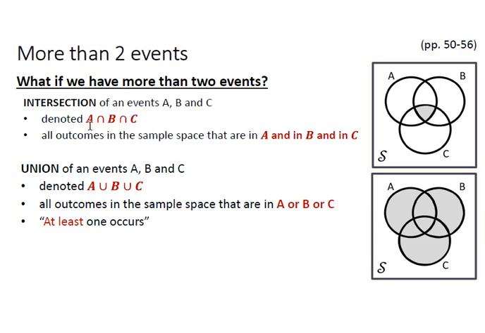For example, the intersection of A, B, and C, all outcomes in the sample space that are in A, B, and C. It means this area, all the outcomes that are in A and B and C, and the union of A, B and C is all outcomes in the sample space that are in A or B or C. It means this whole area, all the outcomes in A, B and C.